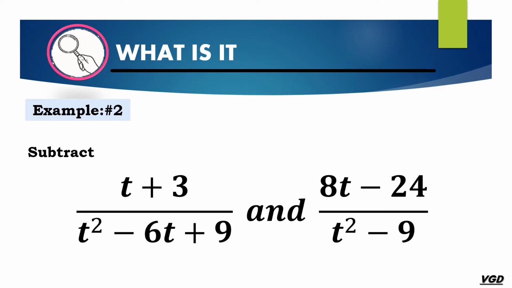Now let's have number 2. Subtract t plus 3 over t squared minus 6t plus 9 and 8t minus 24 over t squared minus 9.